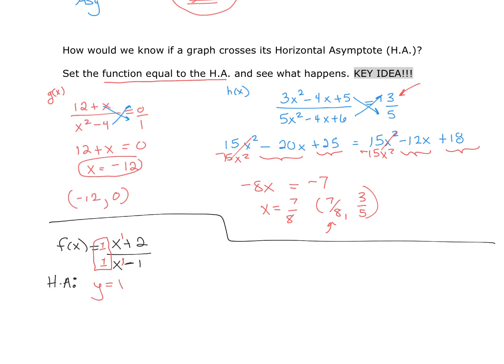I want to know if it's going to cross the asymptote. So I like to think of it as setting it equal to the horizontal asymptote and cross multiplying, and that will give me x plus 2 equals x minus 1, or 2 is equal to negative 1, which of course it is not. So in this case, it does not cross.